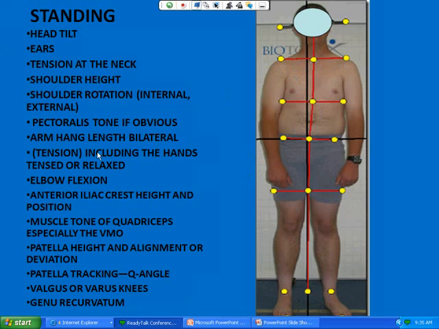Arm hang length, bilaterally, we want to see how the arms are hanging, and it tells you how much pressure is on each foot. Which foot is most dominant? Yes, we all have a dominant left or right side. So what I'm looking at is not to see which one is dominant.